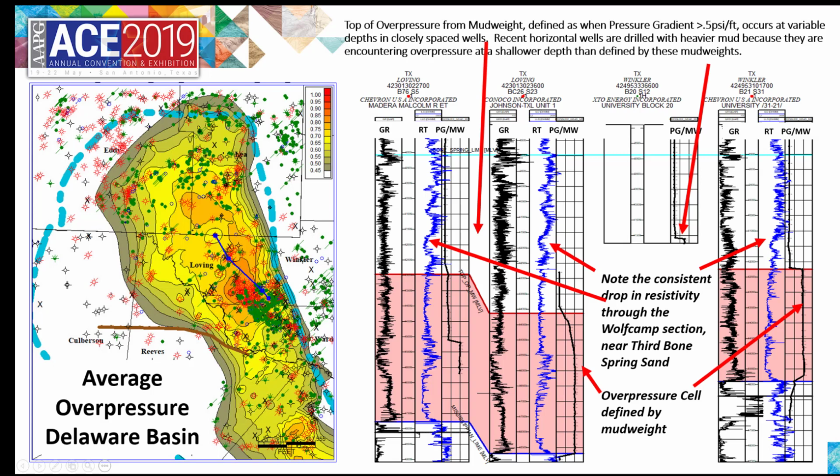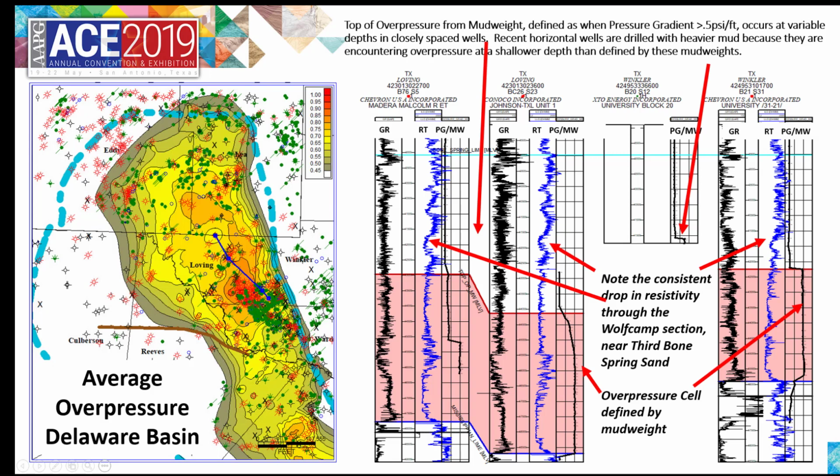Yeah. Okay, so that's pressure gradient defined by mud weight. In this well right here, they went from about a 9-pound mud up to, I don't know what pound of mud that is, but this is a 0.9 over here, so that's about a 0.6. In this particular well, and this is the top of overpressure right here, that'd be about a 0.6 psi per foot.